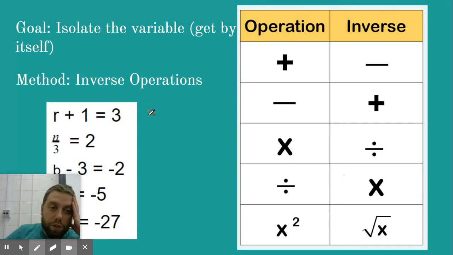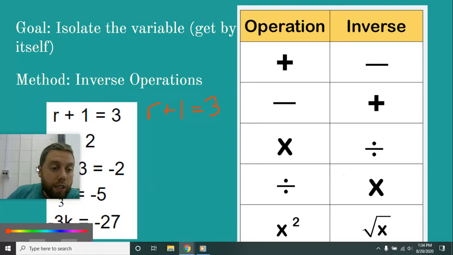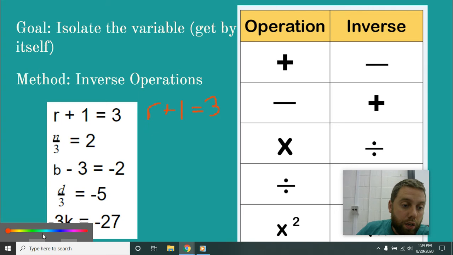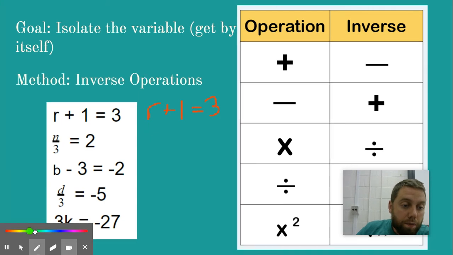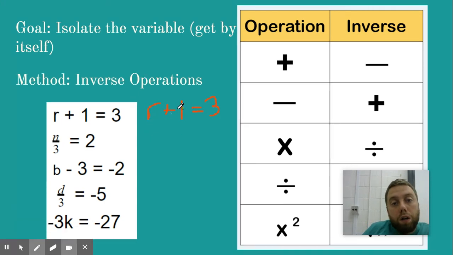Now, looking at this first problem, we have r, forgive my handwriting, r plus 1 equals 3. It is getting a little better though. Showing our work is going to be very important during this section, okay? So when we have r plus 1 is equal to 3, we need to remember inverse operations.